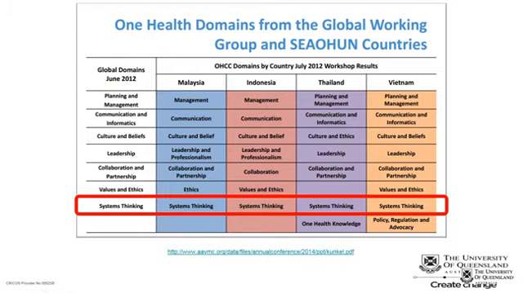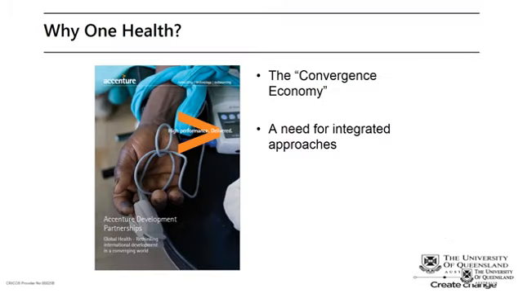The other competencies are fairly generic, but they really relate to the ability to work with other groups of people. Systems thinking is quite different to that in some ways, in that it is an ability to think holistically about the problem.